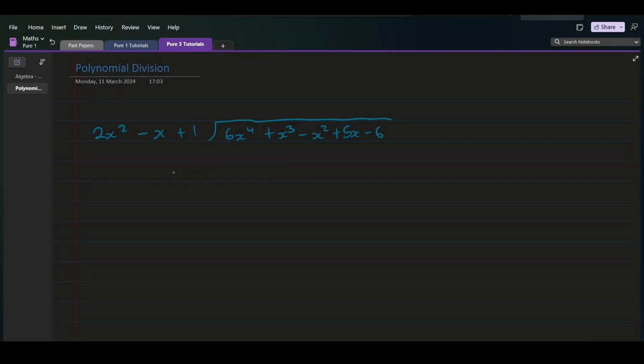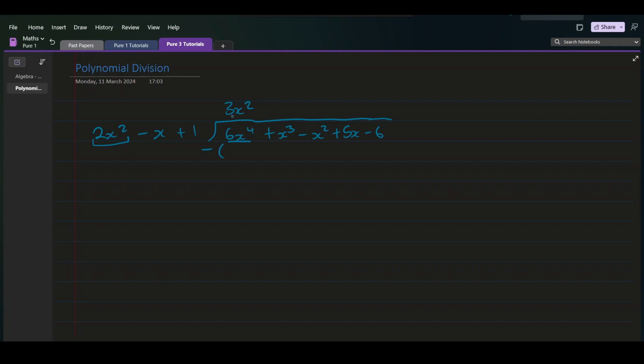Okay, so here we have a quadratic divisor. So let's divide our polynomial. You only use the term in the highest power to divide. So in the previous example, we used the term in x since that was the term with the highest power. And in this example, we have a quadratic factor, so we use the term in x squared to divide. So we say 6x to the 4 divided by 2x squared, and that gives us 3x squared.